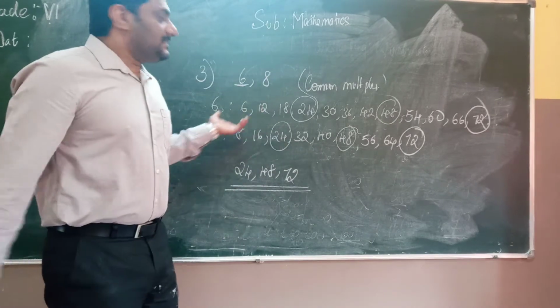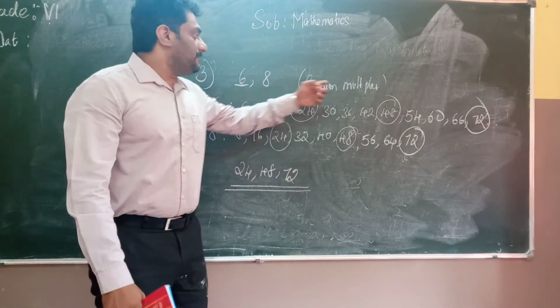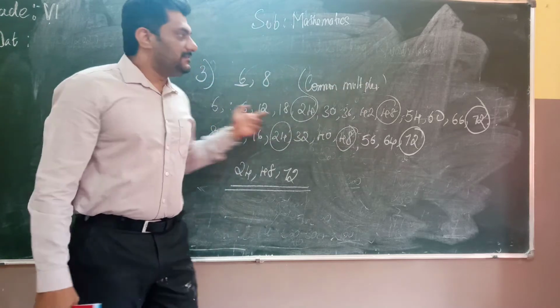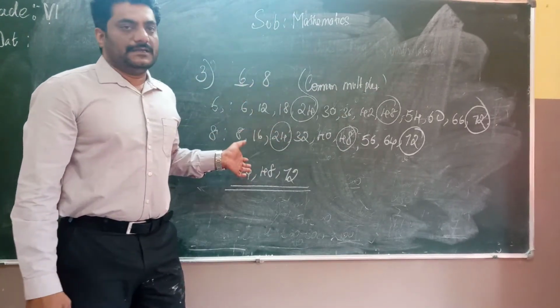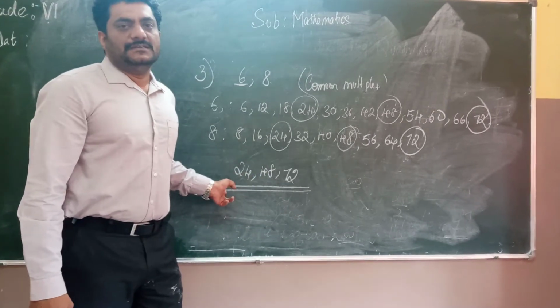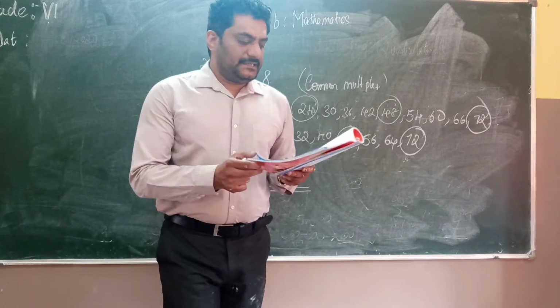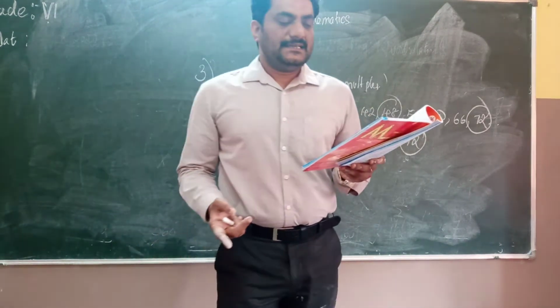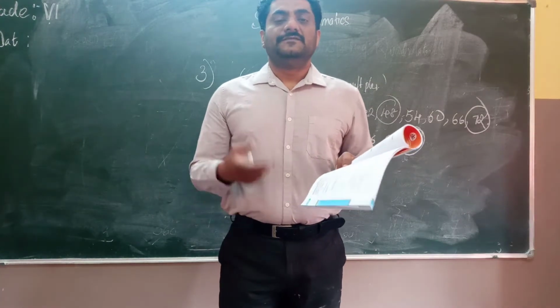So when it's the factors, you just have to check in which table it comes. When there are multiples, you just have to write the tables. And once you write the tables, just take the common ones. Now the fourth question: write all the numbers less than 100, which are common multiples of 3 and 4.